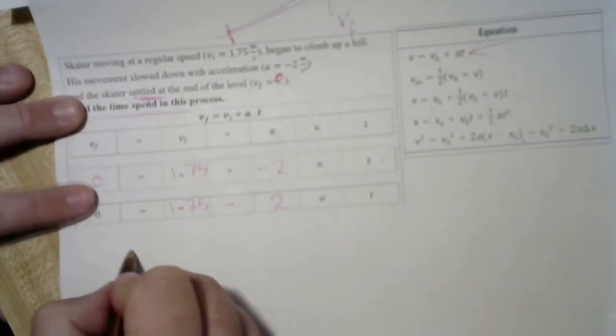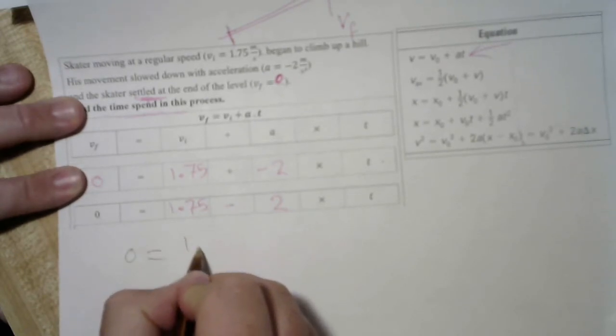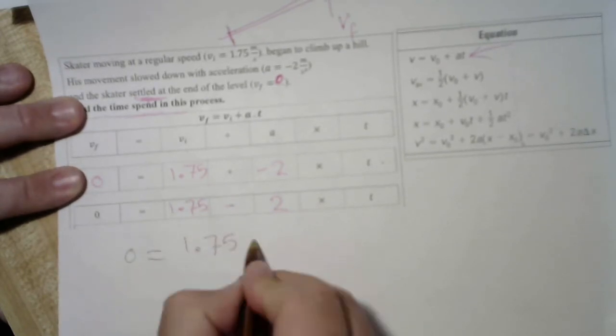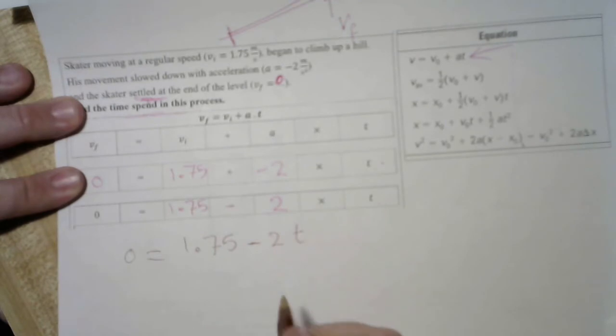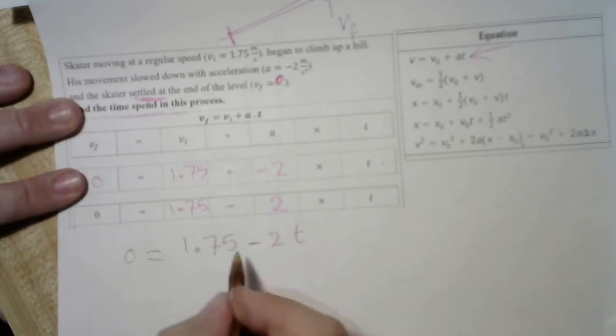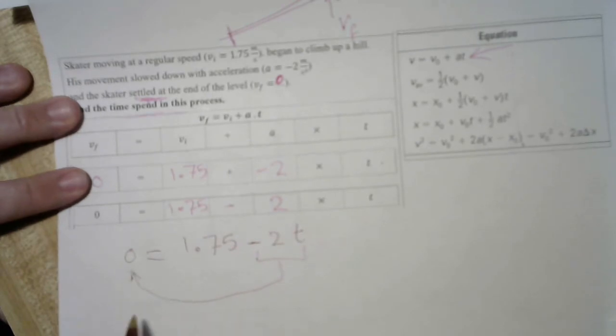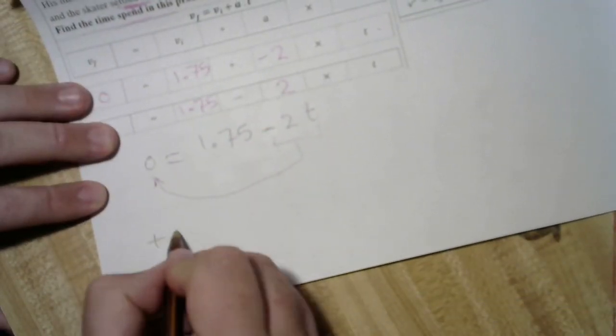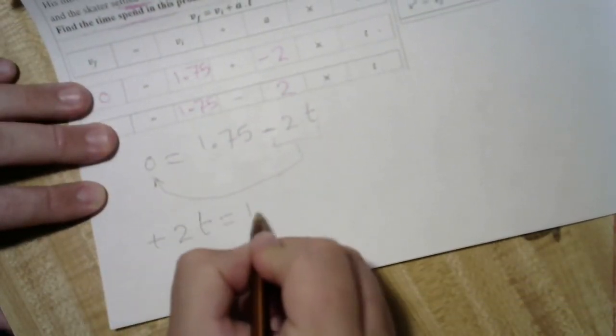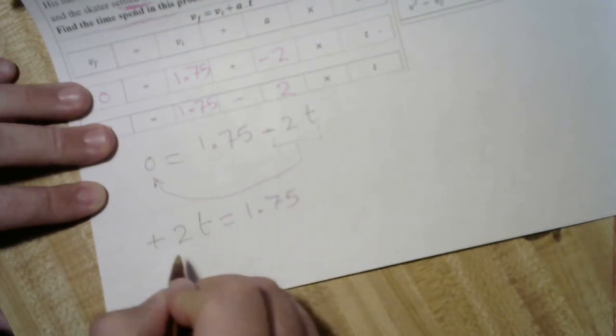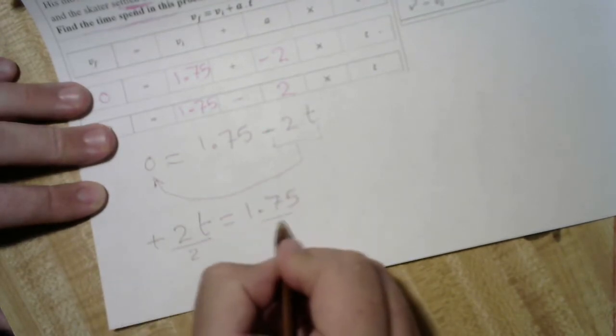Okay, how can I find T now? Now I have this equation, 0 equal to 1.75 minus 2T. I can move this -2T to the other side. It will be plus 2T is equal to 1.75. I can divide both sides by 2.